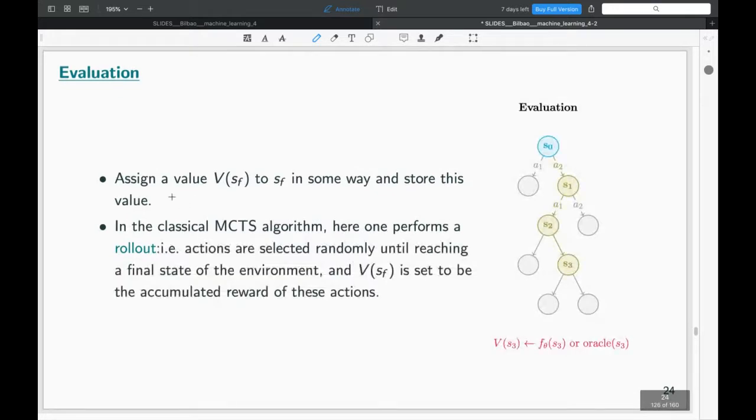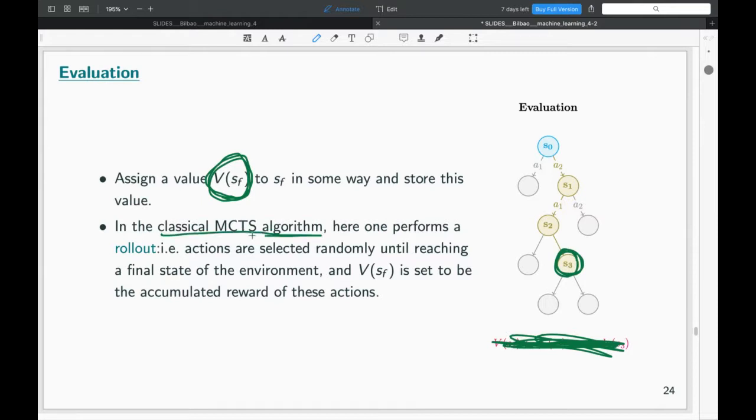Okay, evaluation. Again, forget about these captions. It's from another talk. Here, you just assign a value, V(SF), to the final vertex you reached in the selection step. The way you assign a value depends on the algorithm.